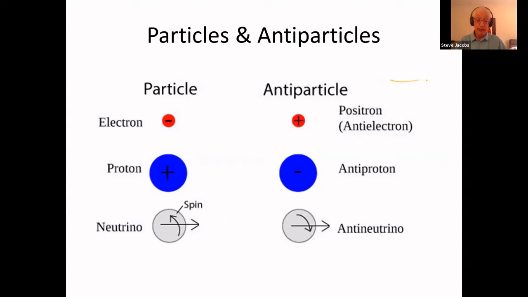There are electrons and anti-electrons, also known as positrons. There are protons, antiprotons. There are even anti-atoms. The pair that we're talking about in the pair instability supernova are the positron and electron.